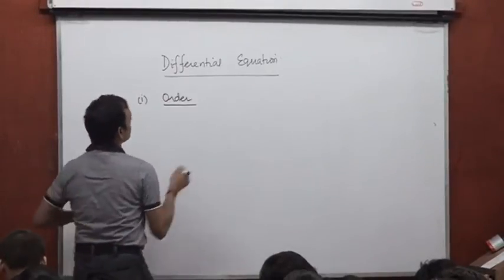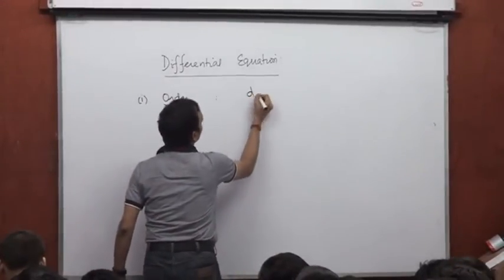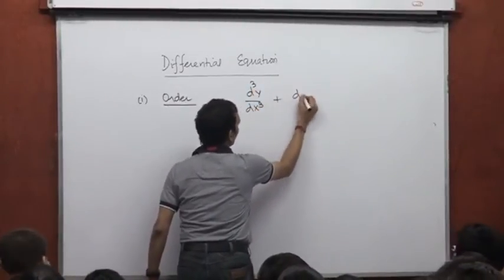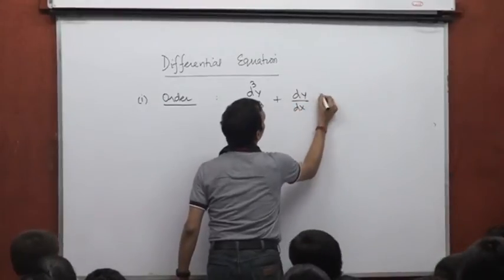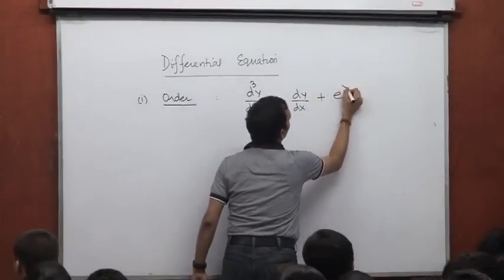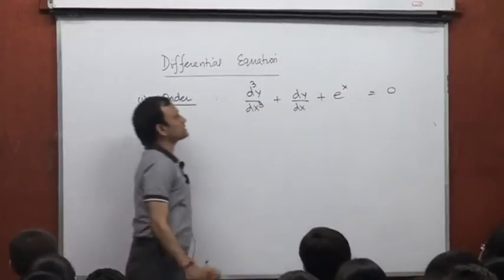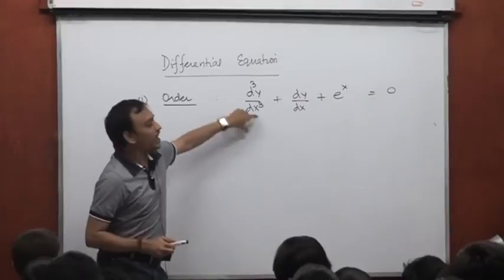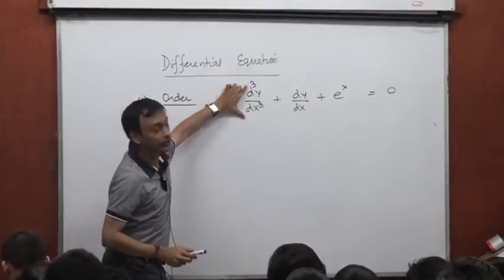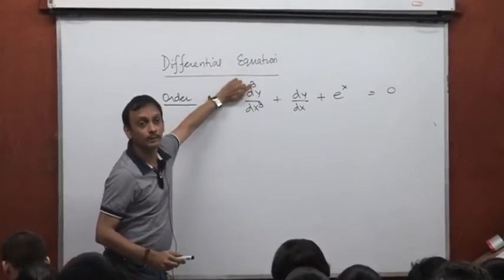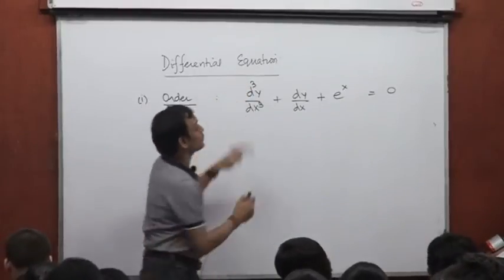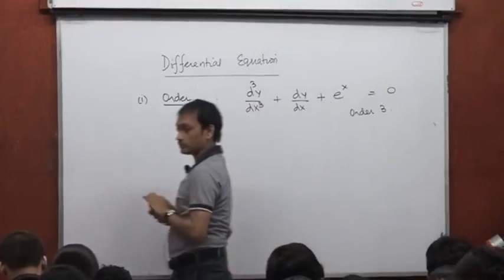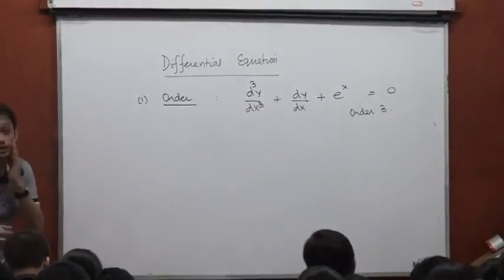For example, look at this. This is a differential equation of order 3. The highest differential coefficient appearing here is of order 3. So this is a differential equation of order 3.